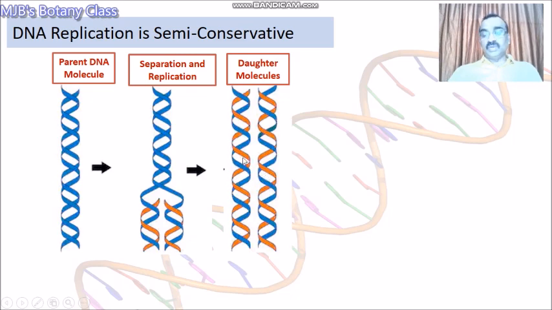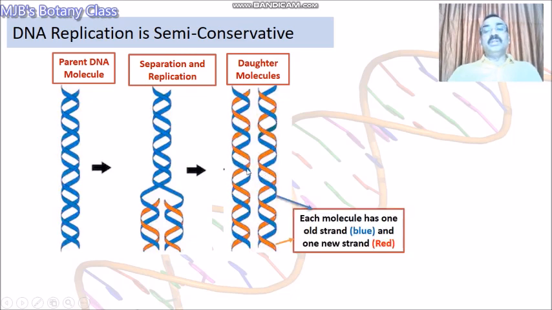But look at the color code here: the blue strand represents the DNA strand which has come from the parent DNA molecule, whereas the red coded strand represents the newly synthesized DNA strand. Now please note here, each of the daughter DNA molecules has one old strand, that is one blue strand, and one new strand, that is the red strand.